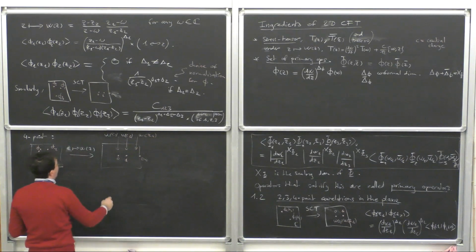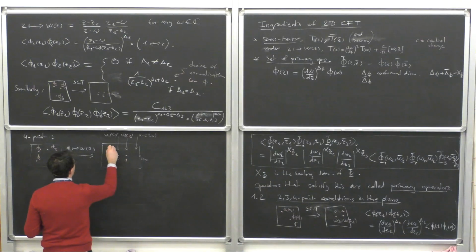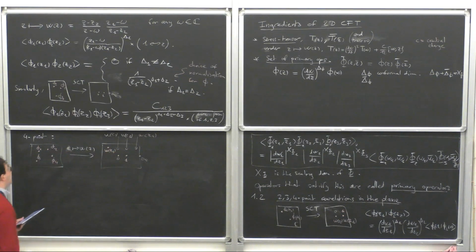And then we are left with 1 point, namely W of Z1.